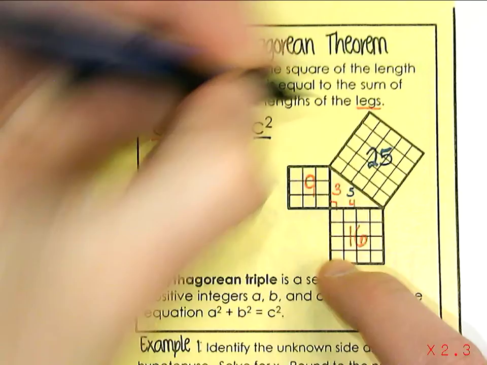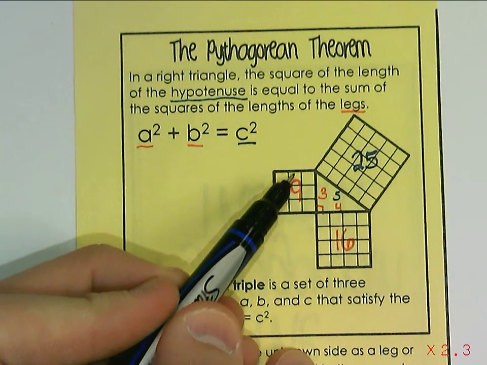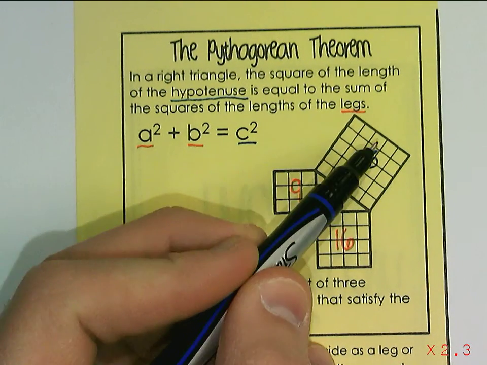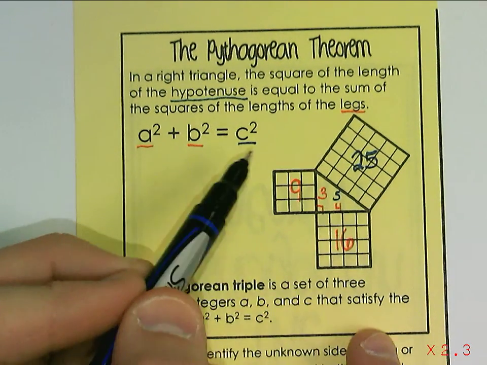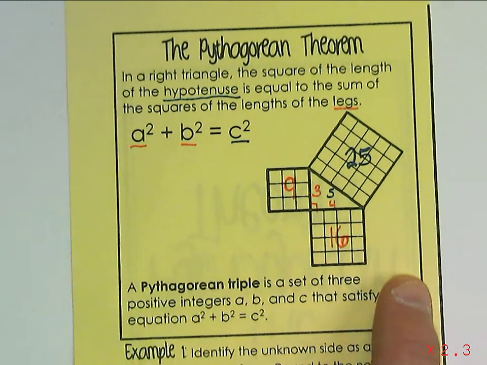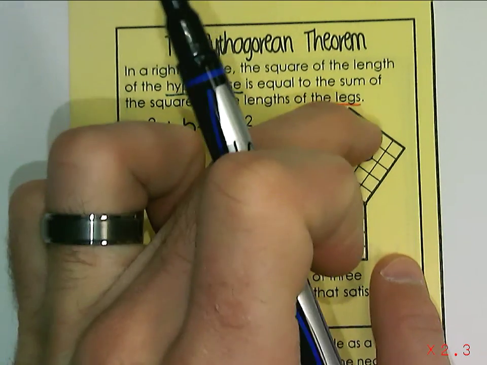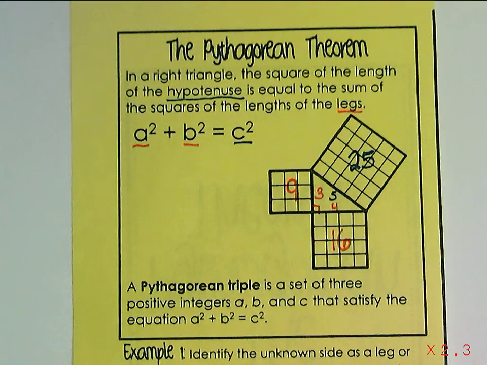So what the theorem is saying is that the square of the length of the hypotenuse is equal to the sum of the squares of the lengths of the legs. 9 plus 16 is 25. So the area of these two squares equals the area of this big square. Let's look at this algebraically as well.